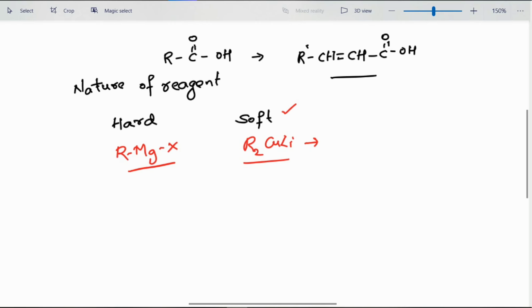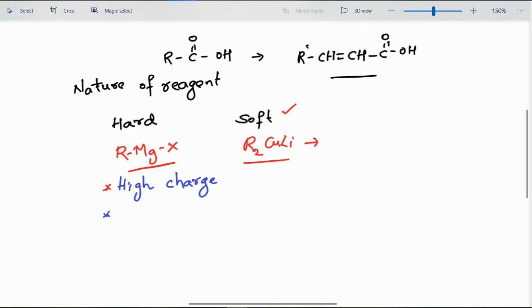So how can we classify a given reagent as either a hard reagent or a soft reagent? It depends upon a few points. If you consider hard reagents, they usually carry higher charge. Hard reagents have high charge value, whereas soft reagents have smaller charge value.